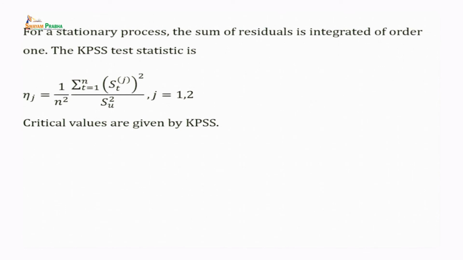Then for a stationary process, the sum of residuals is integrated of order 1. You know that u_t is a white noise process.